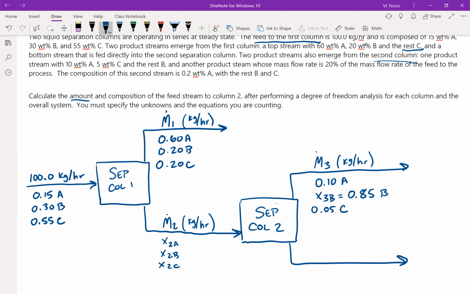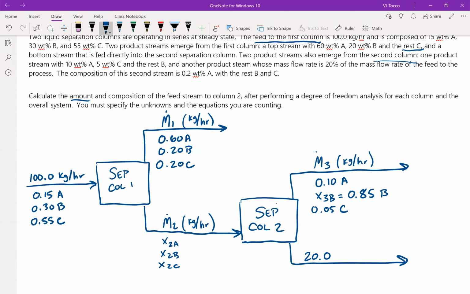All right, and then I have another stream, which is 20 weight% of the mass flow rate to the process. So this is something else I could do in my head, right? I don't have to write a process specification there. I know if it's 20% of the mass flow rate of the feed to the process, 20% of 100 is 20.